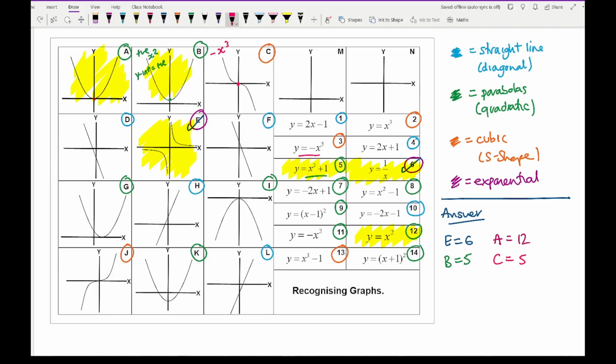If it's below the x-axis, you're taking away a negative constant, and if you're adding a positive constant, then you're shifting the graph up. So C equals 5, so I can colour that one in, and colour this one here. Sorry, that's going to be C equals 3. I don't know why I've put 5 there. What colour are we using?